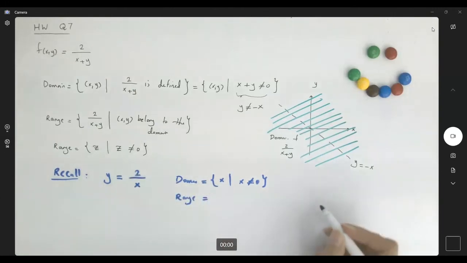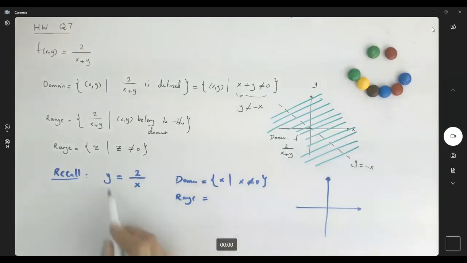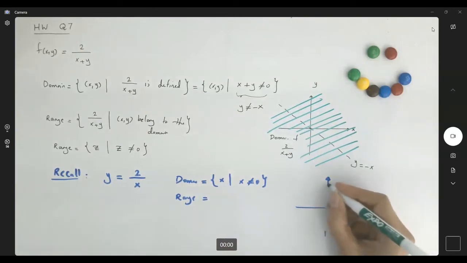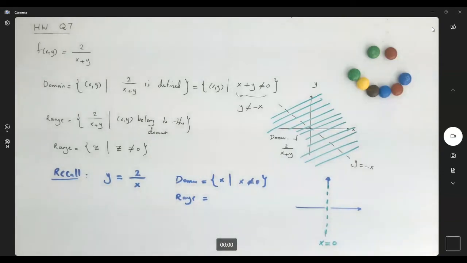Remember the graph of your function. You have a reciprocal function. At 0, you're going to have a vertical asymptote. This is the line x equals 0 that we already excluded, because it's a vertical asymptote.